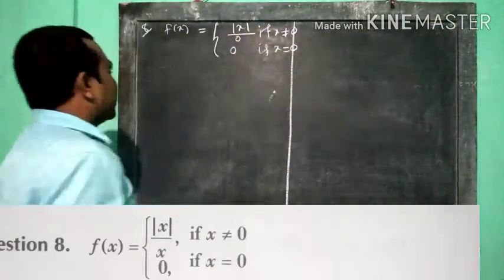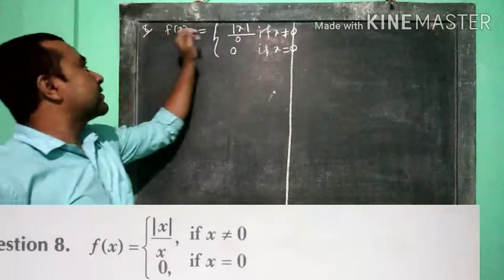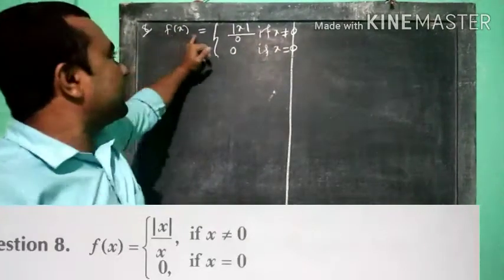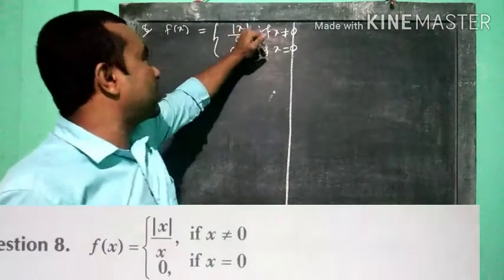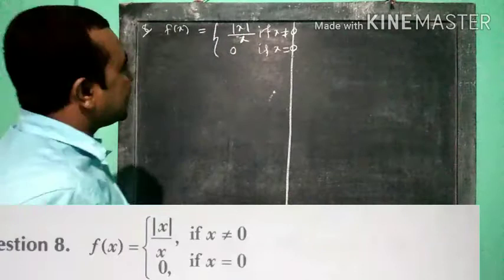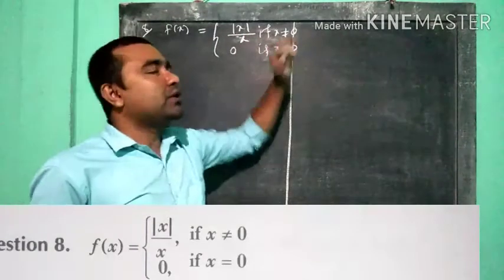That means the function takes the value 0 when x equal to 0, and takes the value modulus x by x if x not equal to 0.